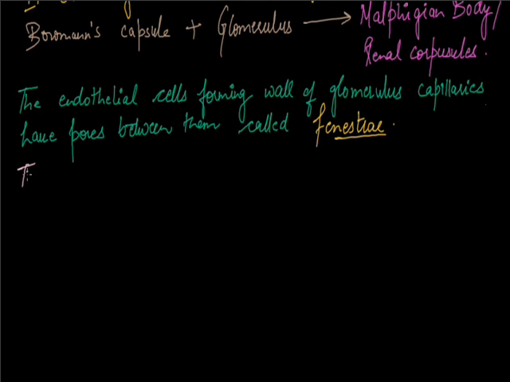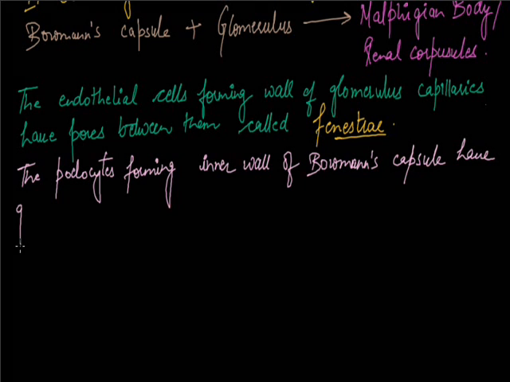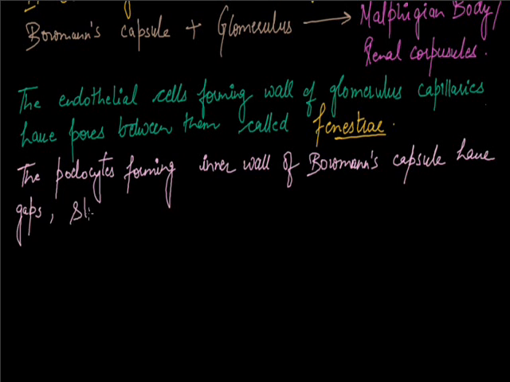Next, the podocytes forming inner wall of Bowman capsule have gaps called slit pores between them. So they are a special type of cells.